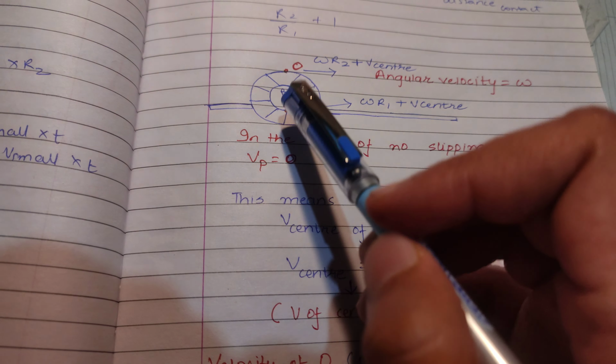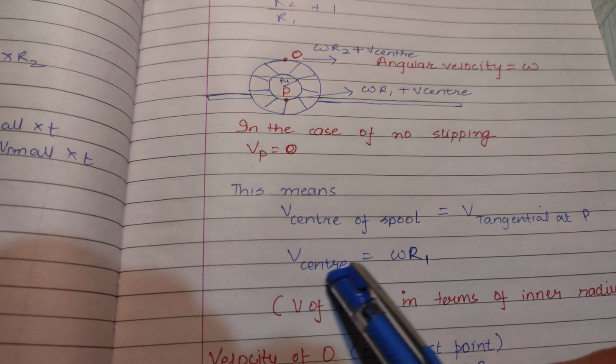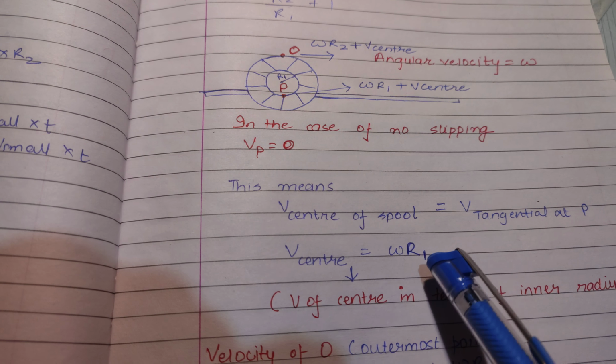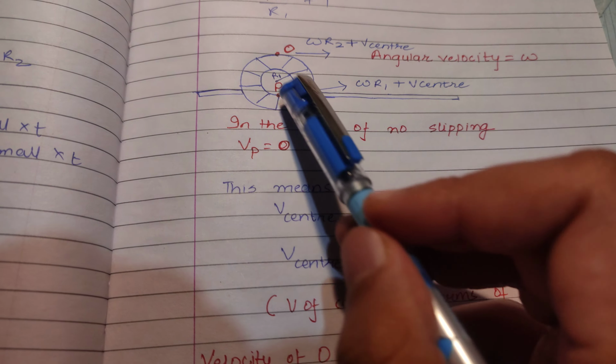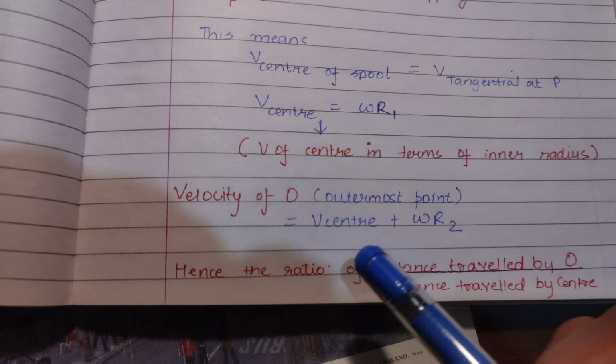The angular speed of the spool is the same for every point, right? So now we have the velocity of the center in terms of omega and r1, which is the inner radius.